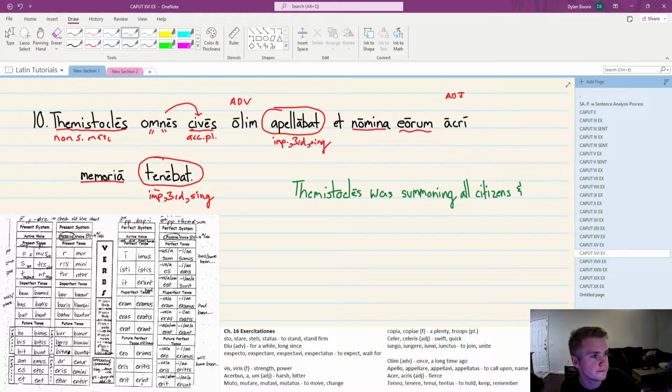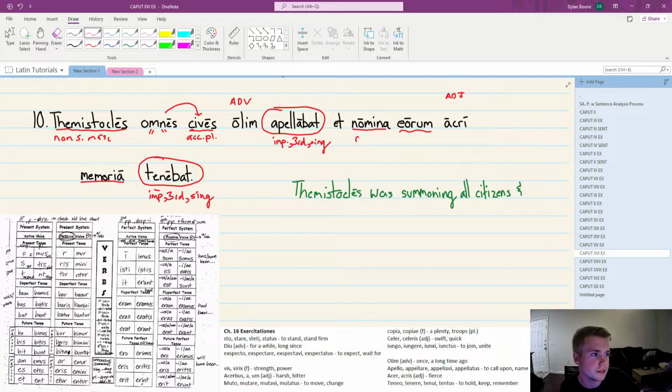And second part, we have tenebat, imperfect third singular. So Themistocles is keeping on as our subject. Et nomina, so from nomen, nominis, third declension noun, neuter. So we're looking at the parentheses endings in the third declension. So nomina gets you either an accusative or a nominative plural.